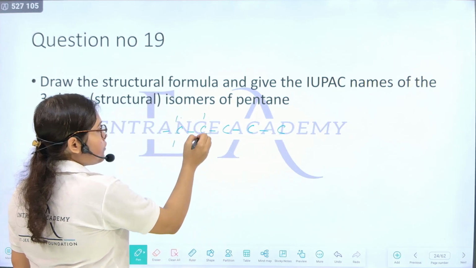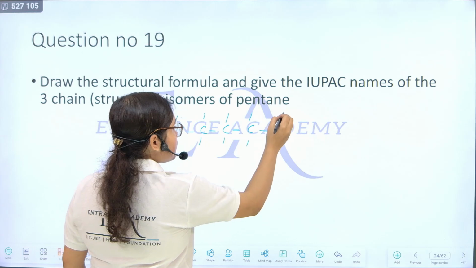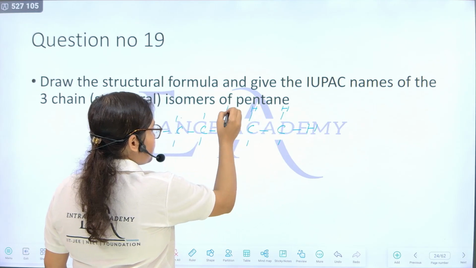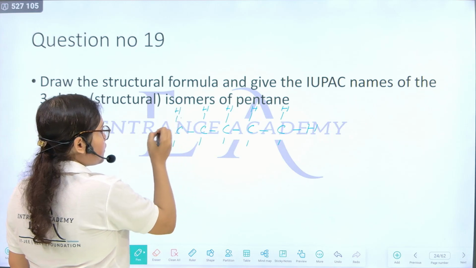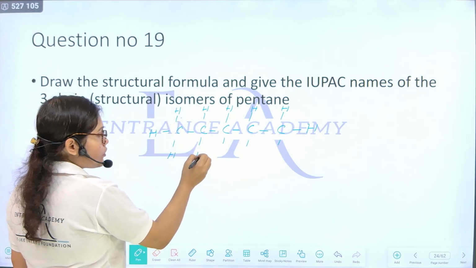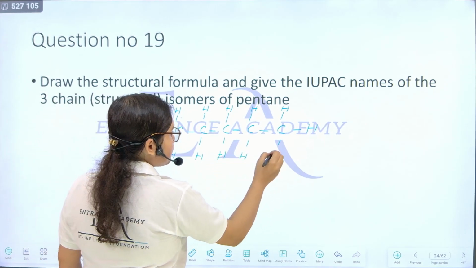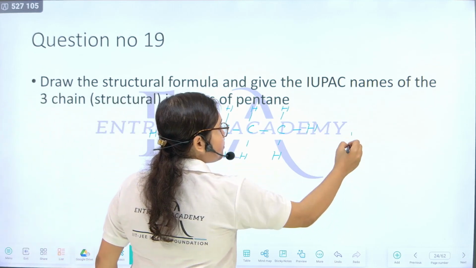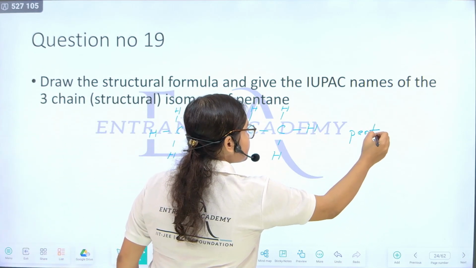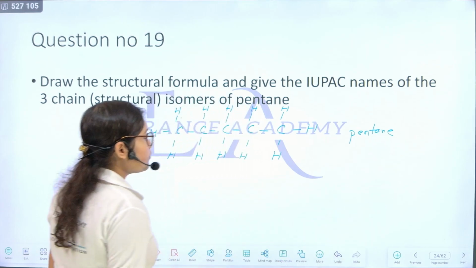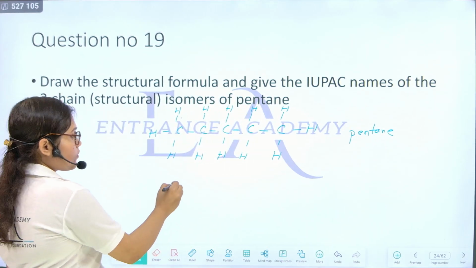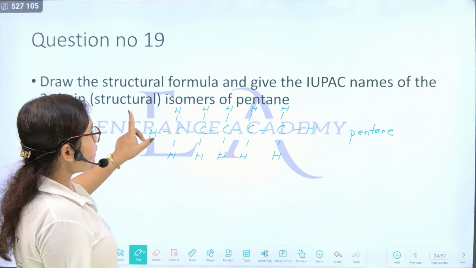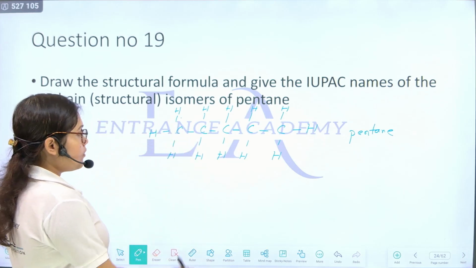This is the structure of pentane, the structural formula of pentane. Total 3 chain isomers of pentane.